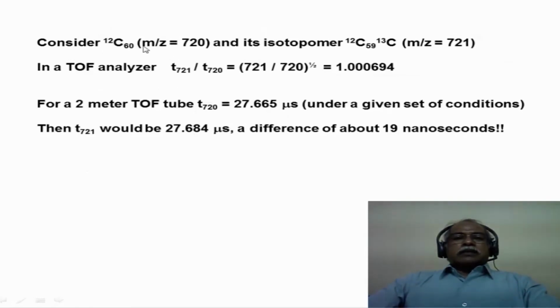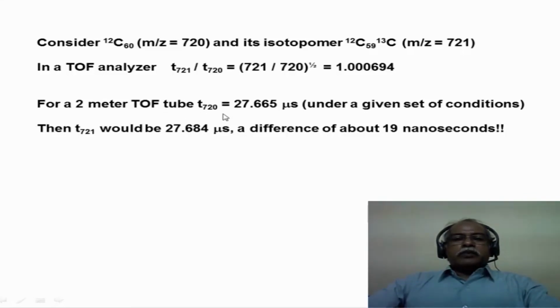So if you consider the C60 molecular ion with carbon 12 isotope, it is 720, and its isotopomer will have C59 of 12 and one C13. That will be 721 mass units. In a time of flight analyzer, there is one mass unit difference here. So that would essentially correspond to the square root of 721 by 720, which is 1.000694.